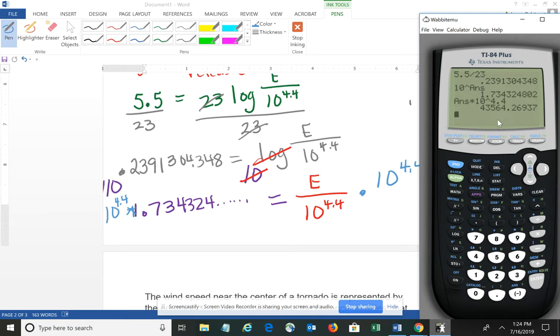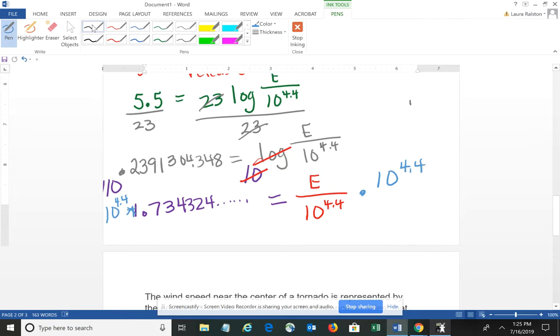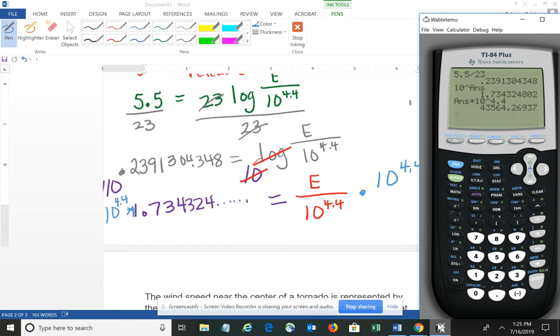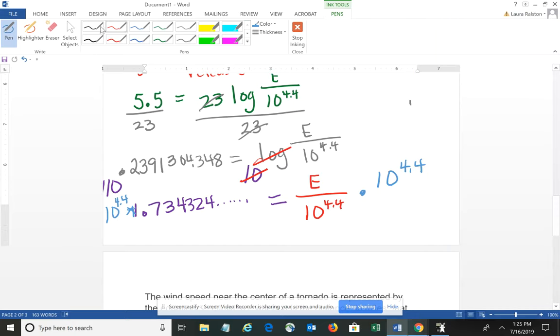Now, the question said in scientific notation. So there's a couple of ways you can do that. Hopefully you might remember how to convert it to scientific notation from memory. So we have 43,564.